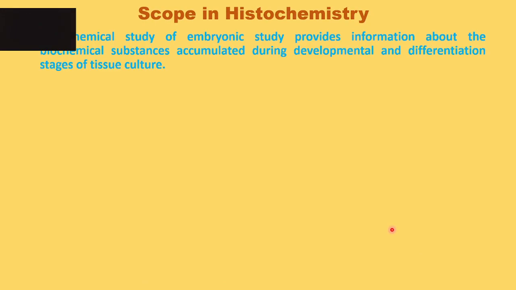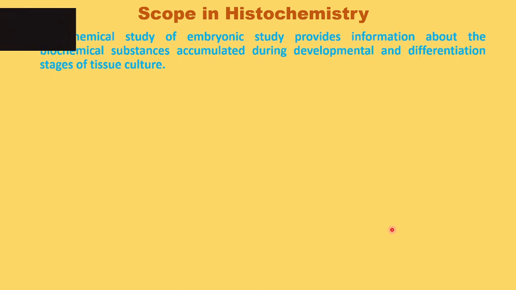Histochemical study of embryonic development provides information about the biochemical substances accumulated during the development and differentiation stages of tissue culture. So in histochemistry we should learn the biochemical substances which accumulate during the developmental and differentiation stages of tissue culture.